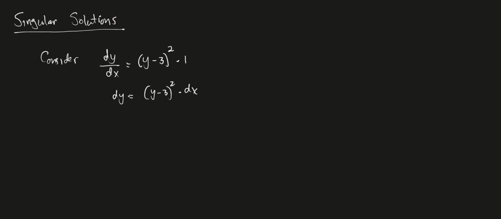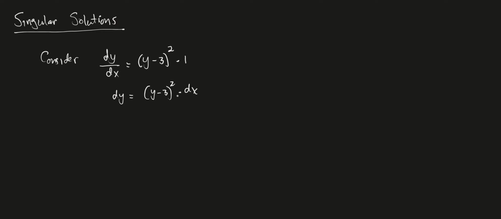But this is not completely separated. Even though this is a differential form, it's not the separated differential form because we have a function of y multiplying our differential of x. So what we need to do is get the quantity (y minus 3) squared multiplying or dividing the differential of y, on the left-hand side.